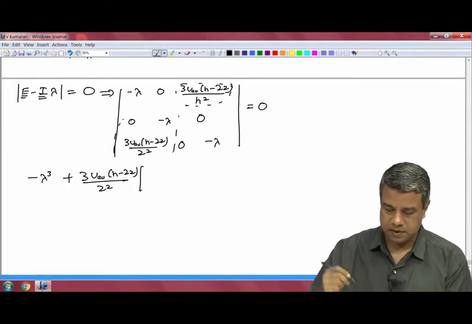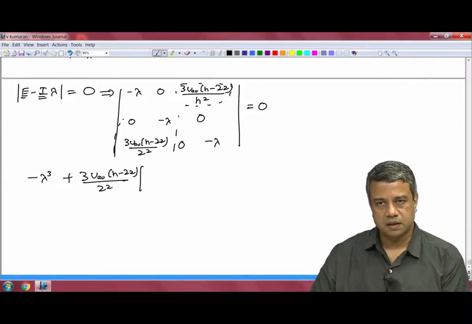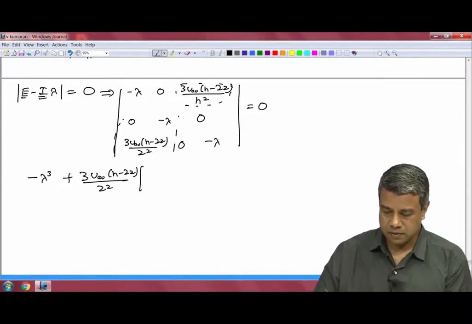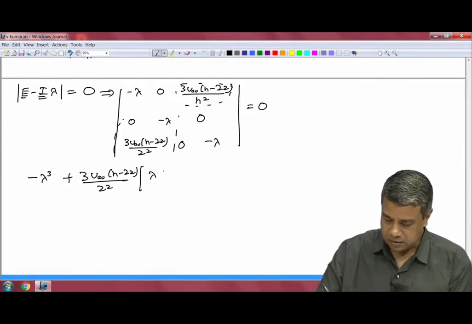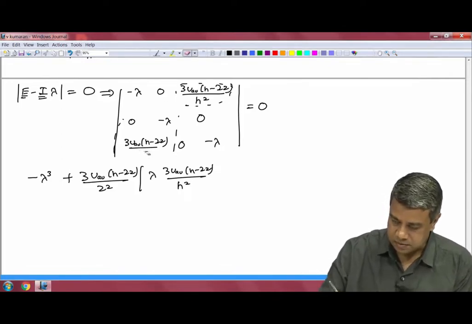The determinant of that matrix is going to be equal to lambda into 3 V average into h minus 2z by h square. My apologies, this should be an h square here.